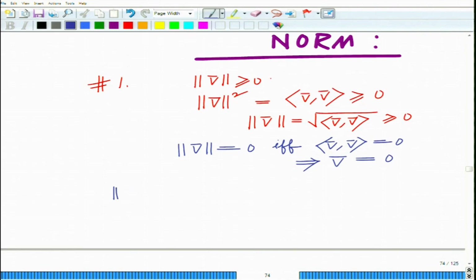v bar is 0. Now, the second property is that the norm of c v bar, the constant times v bar, equals the magnitude of the constant times the norm of v bar.